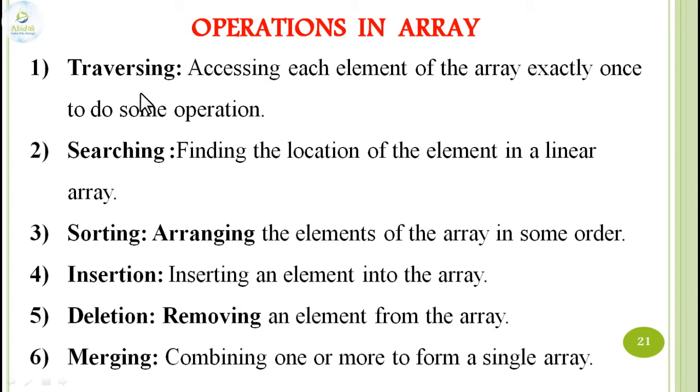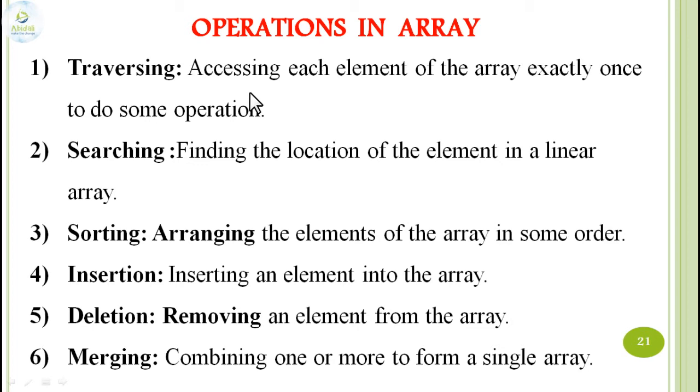The first thing that we put, according to category wise, according to the implementation, is the traversing. So traversing is nothing but accessing each element of the array exactly once to do some operation. Exactly once will be traveling. So traveling may start from 0 or from any position, but in this algorithm we will be traveling the very first element that is located at 0th index, and traveling it one by one from 0 to 1, 2, 3, 4, that is n minus 1 index each time.